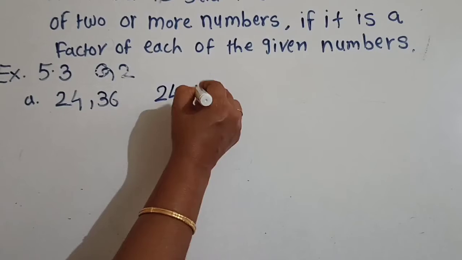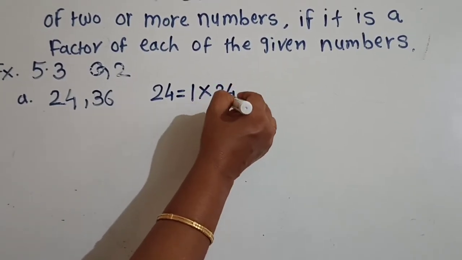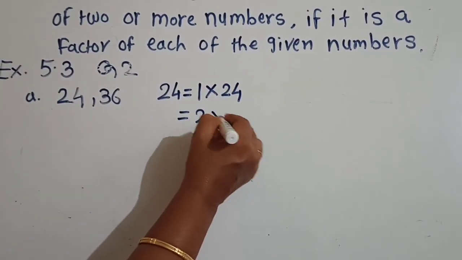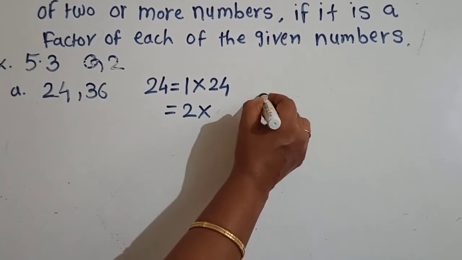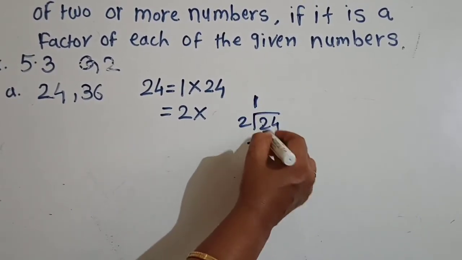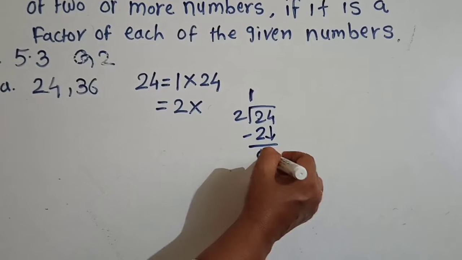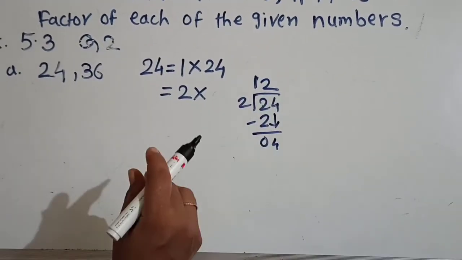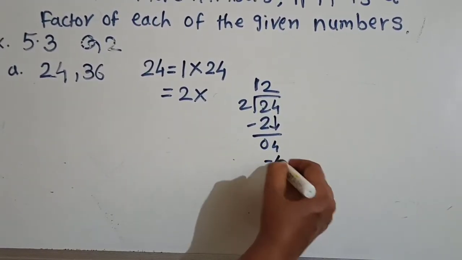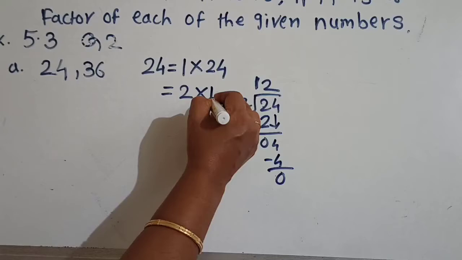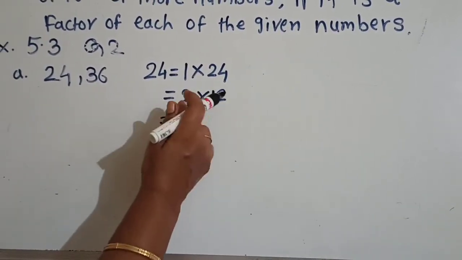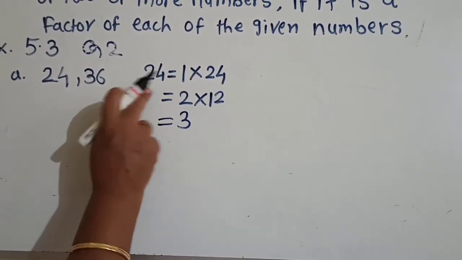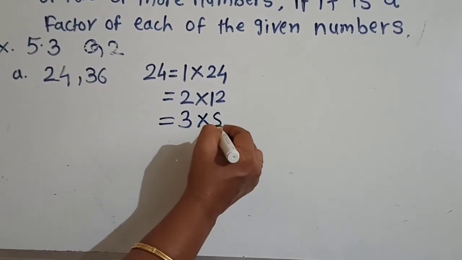24 means 1 multiplied by 24. Then 2 multiplied by 24: 2 ones are 2, 2 minus 2 is 0, and 2 twos are 4, 4 minus 4 is 0. So 2 multiplied by 12. Then after 2, 3. Yes, 3 eights are 24.